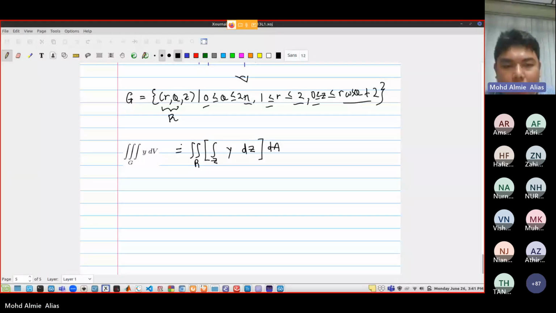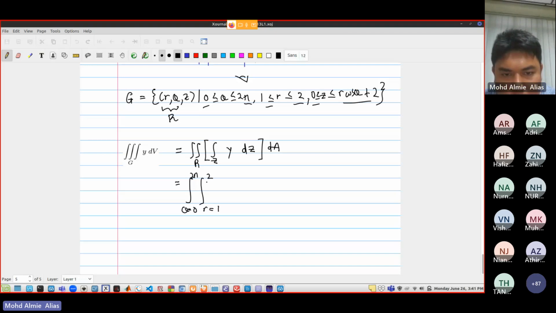Okay, and now change everything to cylindrical coordinate. So this is theta from 0 to 2 pi, and this is r from 1 to 2. Okay, you can remove this, and z from 0 to r cos theta plus 2.